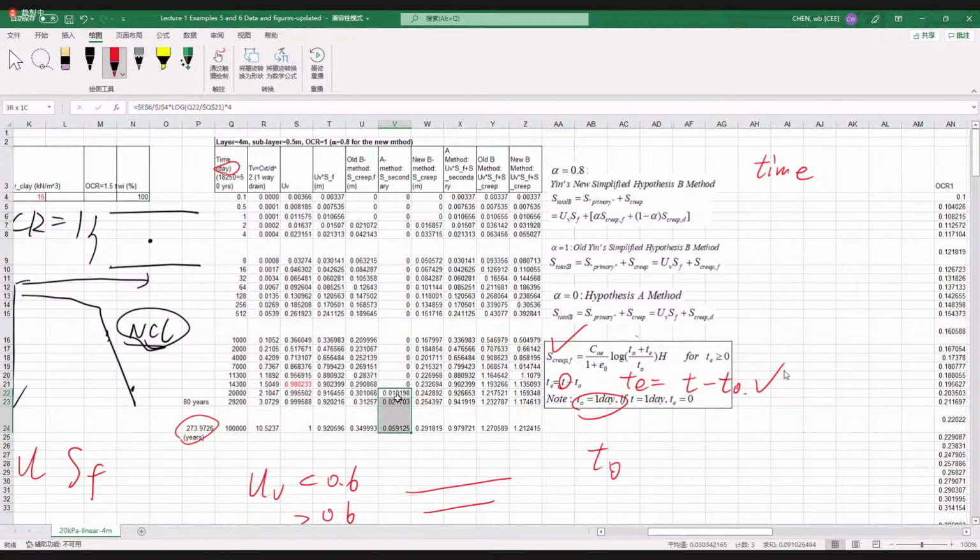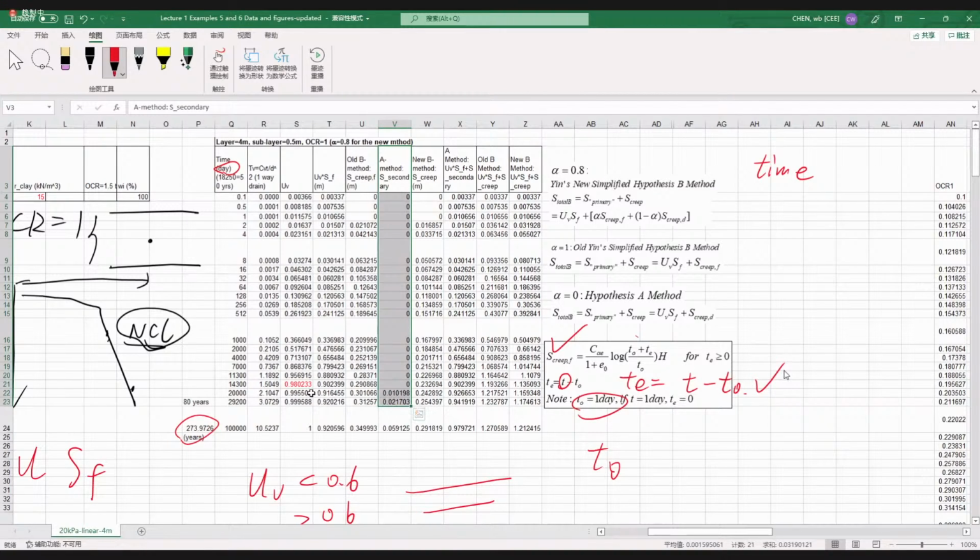This is the difference to calculate the S creep for the A method. And the new simplified B method actually combines these two together. So this column in the new simplified B method, we can call it S creep D.